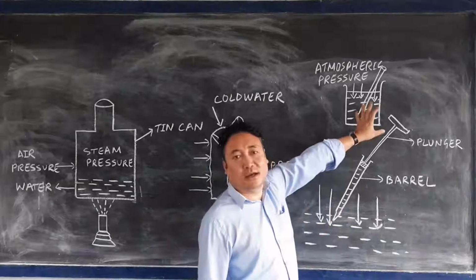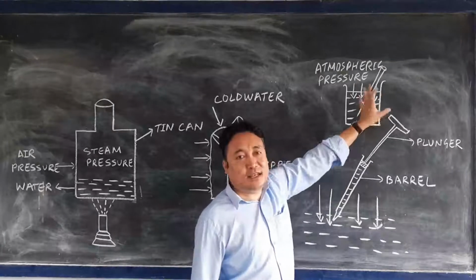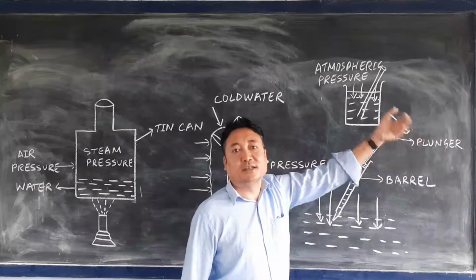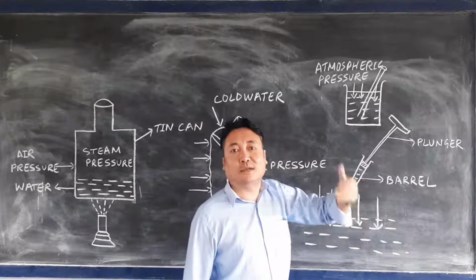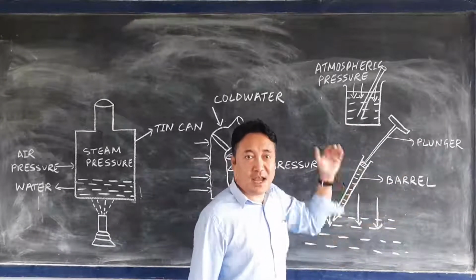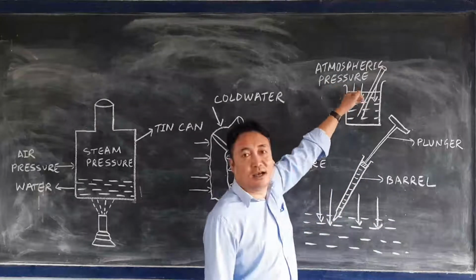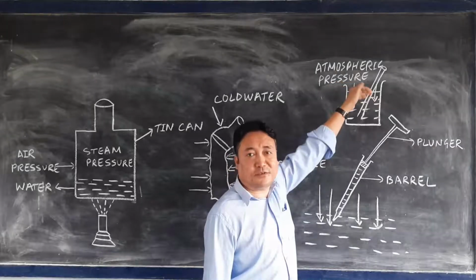So there is no air inside the straw. Therefore, when there is no air inside the straw, the pressure inside the straw will become less than the atmospheric pressure, and atmospheric pressure will be exerted on this liquid, that is, on the surface of the liquid.